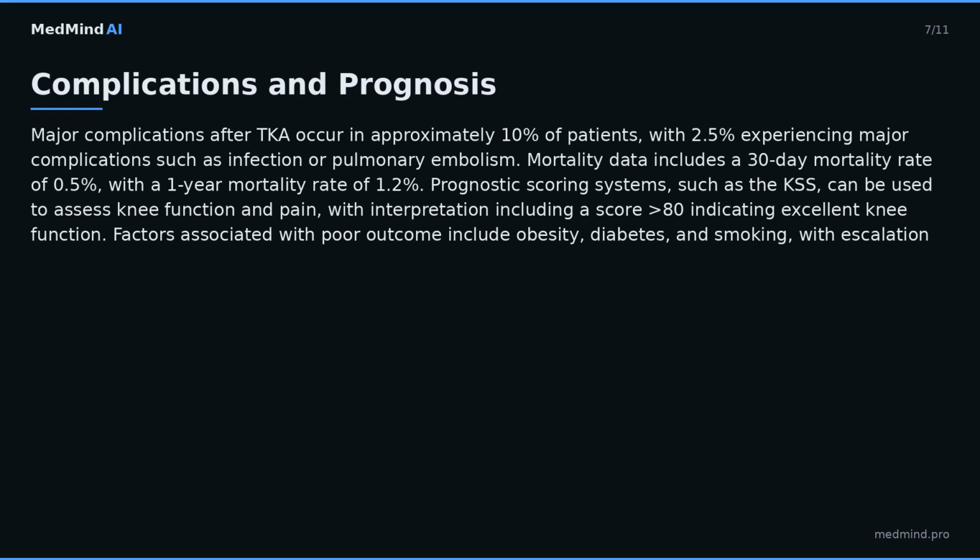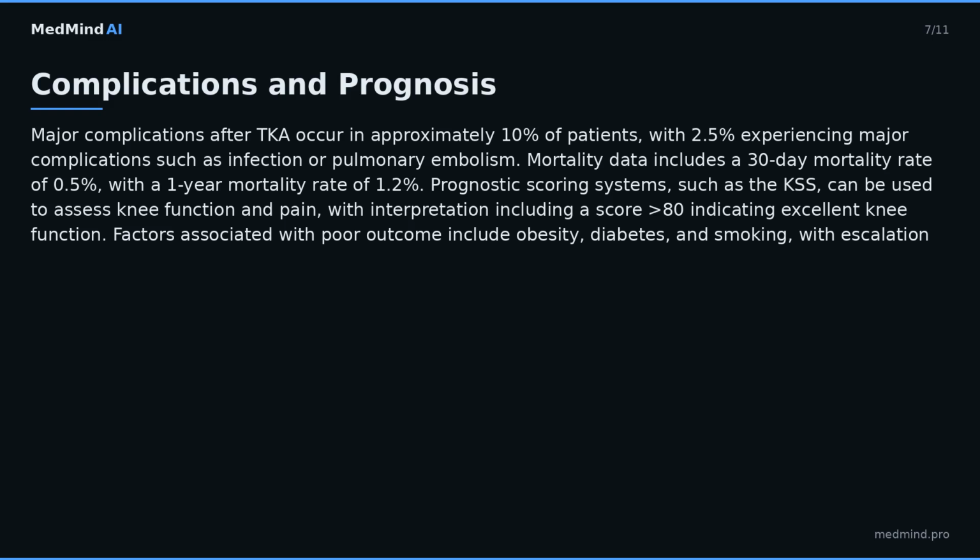Complications and prognosis. Major complications after TKA occur in approximately 10% of patients, with 2.5% experiencing major complications such as infection or pulmonary embolism. Mortality data includes a 30-day mortality rate of 0.5%, with a 1-year mortality rate of 1.2%.